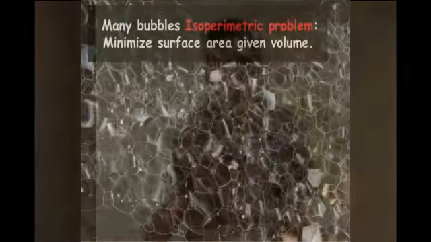They each have their own volume, and they want to reorganize themselves in such a way, that's what physics tells us, so that they have least surface area. There are lots of constraints there, it's really complicated. So what arrangement of bubbles gives you the least surface area?